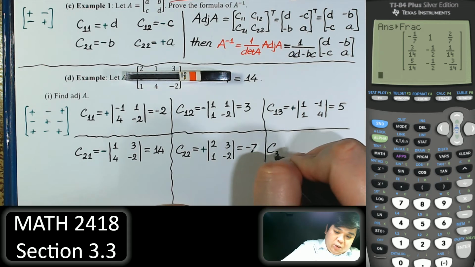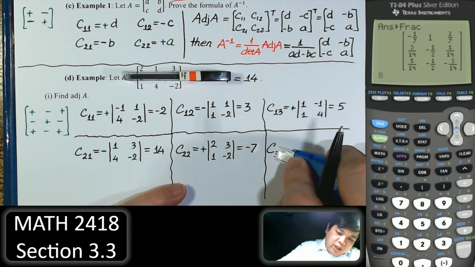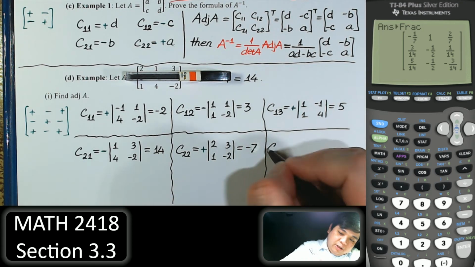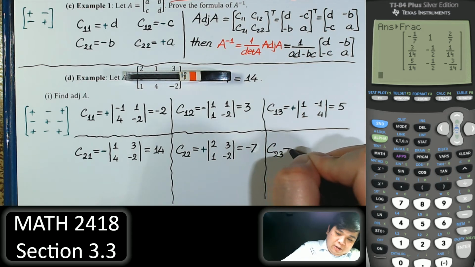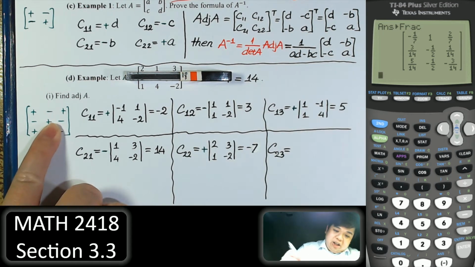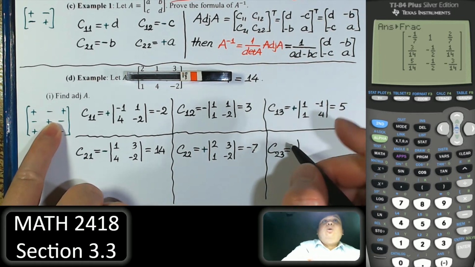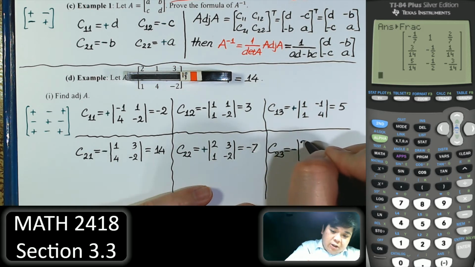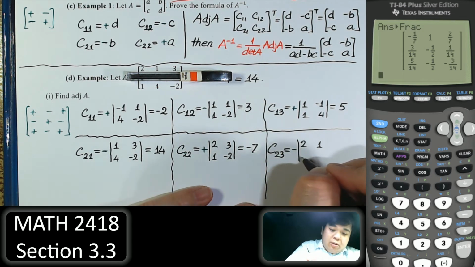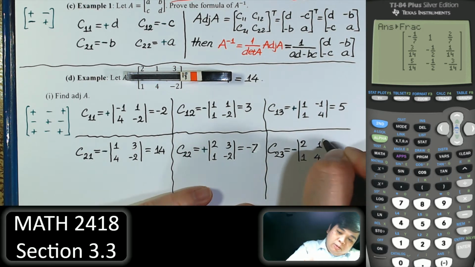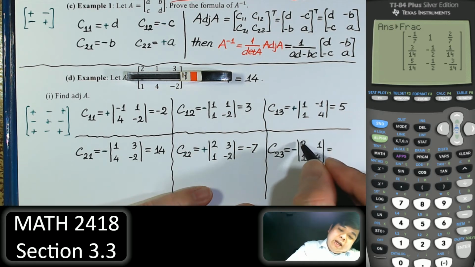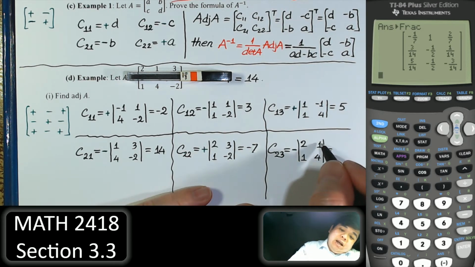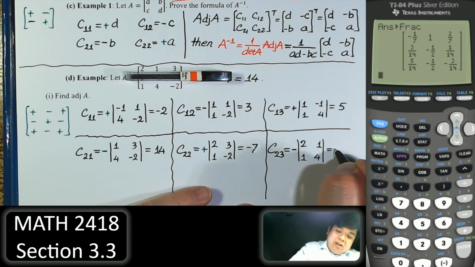Now C23. C23 stands on the negative sign. And according to the submatrix 2, 1, 1, 4, that will give us 8 minus 1 is 7 with the minus.